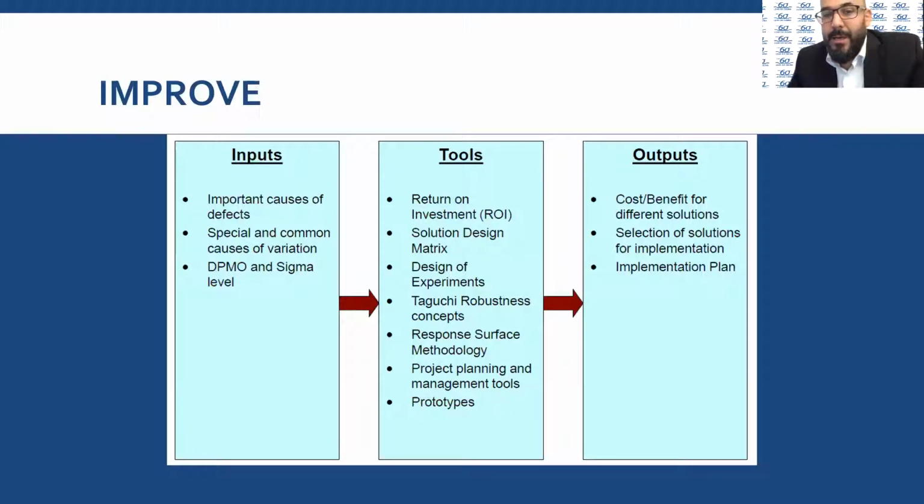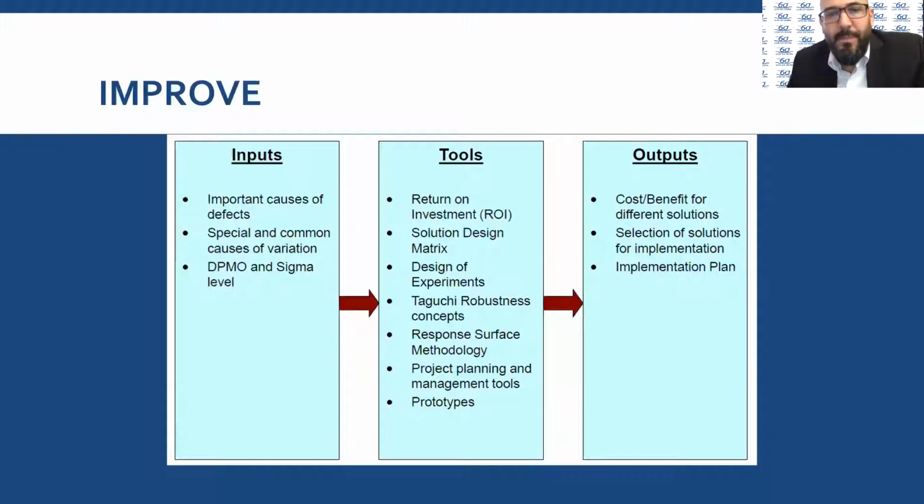We learned about special and common cause variation, and we know that we use the Ishikawa diagram or the 5 whys or any of these tools. Also, we've learned about the DPMO, how to calculate the DPMO and the sigma level, because this will give us an understanding of where we are right now, the current situation. And now, once we understand our current situation, what we need to do is improve it. How can we improve it? Using some of these tools.